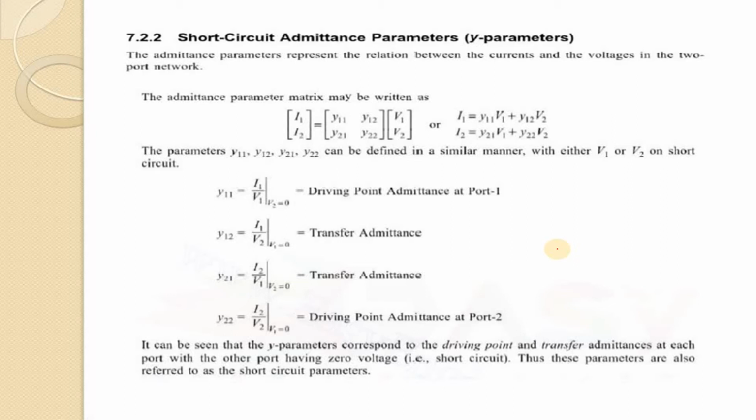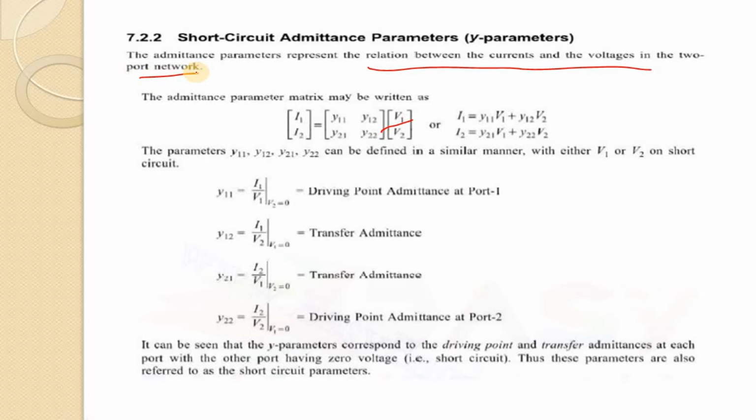The admittance parameters represent the relation between the currents and the voltages in the two-port network.